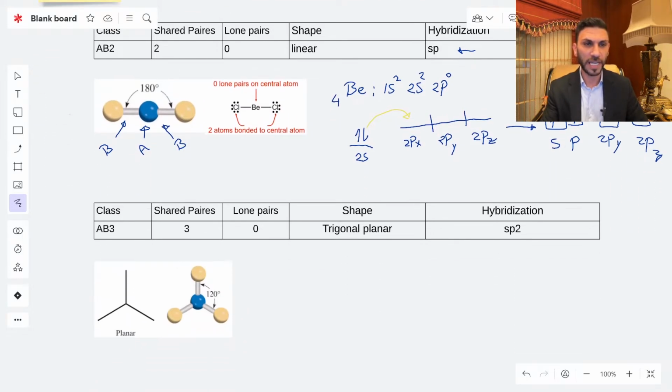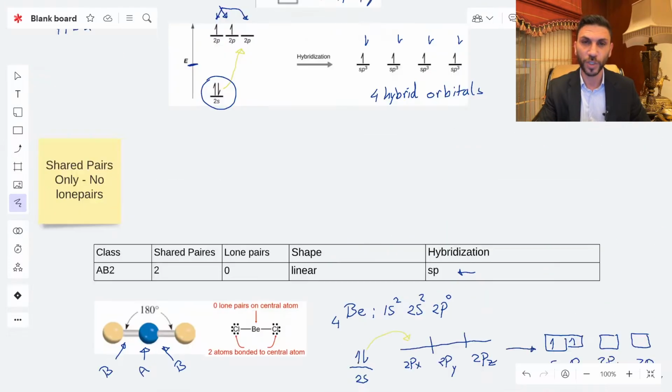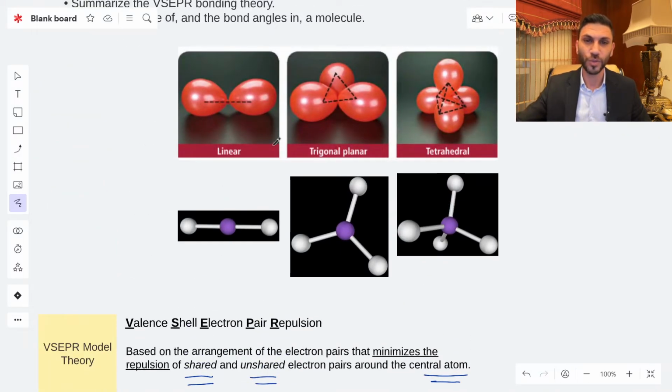Now, the other class, for example, is when A, the central atom, has three shared pairs, AB3. So it's going to be A in the center with three B's, because B is the shared pair. As you can see, the shared pairs are 3, lone pairs are 0, so the total pairs should be 3, and the shape will be trigonal planar. It's just like when you tie 3 balloons together.